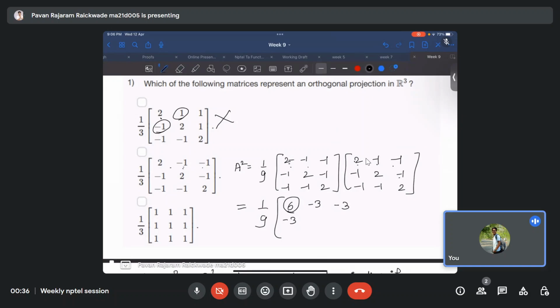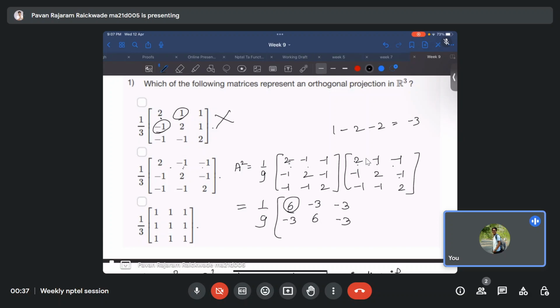This entry is again minus 3. This one is 1 plus 4, plus 1, 6. This entry is 1 minus 2 minus 2, that's minus 3. So far all the entries are okay.